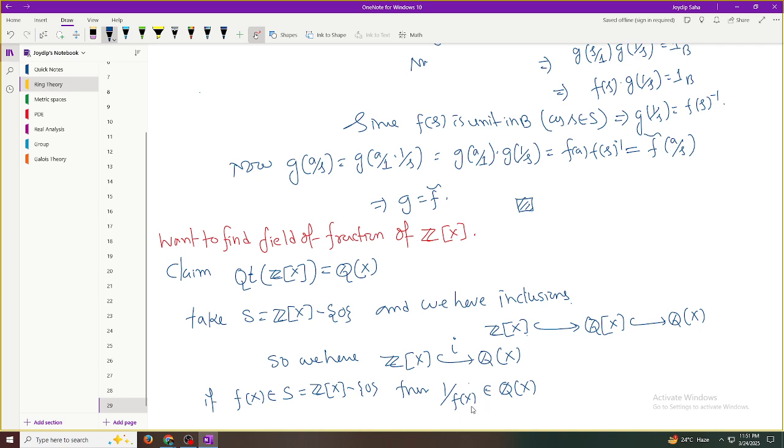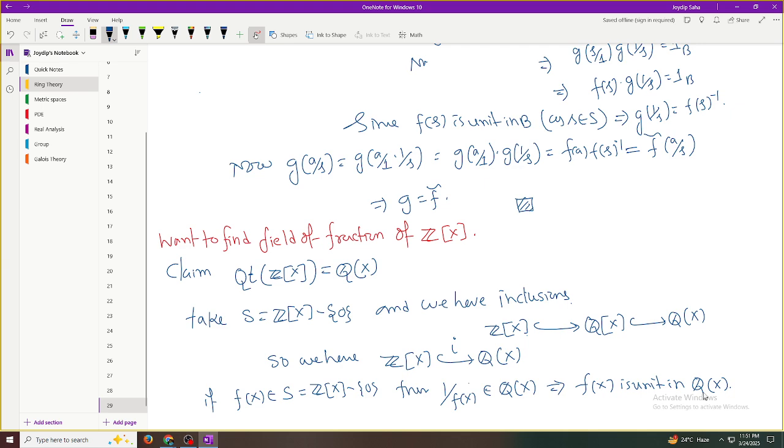1 by f(x) belongs to Q(x). This implies f(x) is a unit in Q(x).